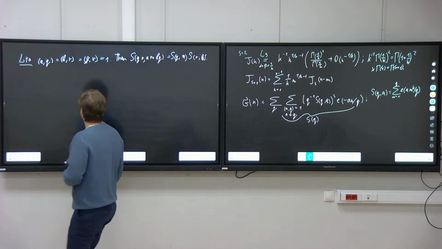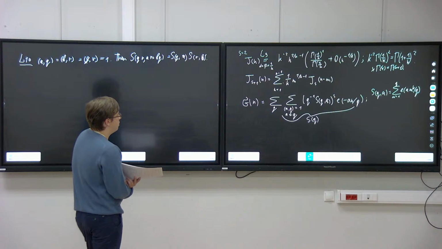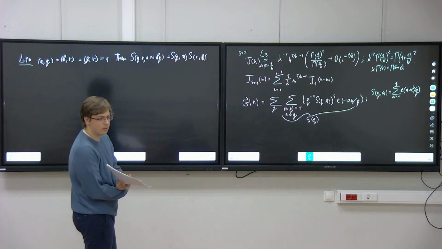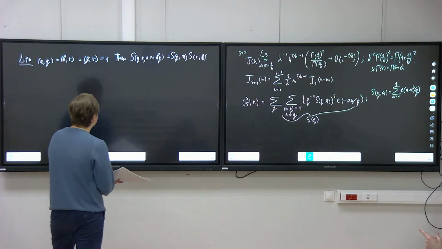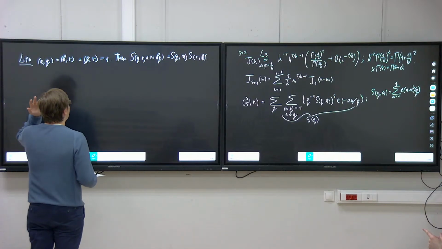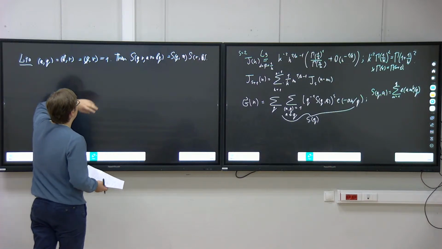And the proof of this lemma 10 is just the Chinese remainder theorem. Suppose Q and R are coprime, pairwise.